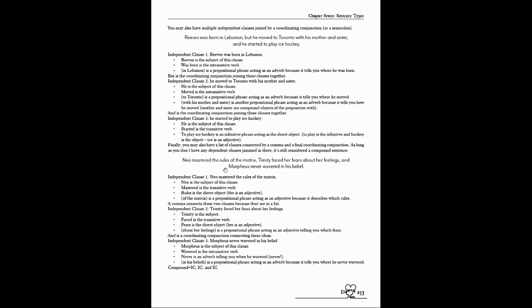Neo mastered the rules of the Matrix. Trinity faced her fears about her feelings, and Morpheus never wavered in his belief. So again, we have 3. Neo, subject, mastered, transitive verb. What? The rules. The rules, the direct object. And then of the Matrix were what rules? So that's an adjective. Trinity, subject, faced, transitive verb, fears, direct object. And then what kind of fears?